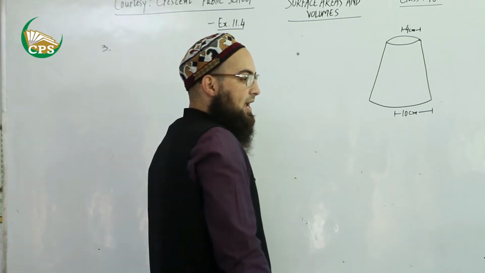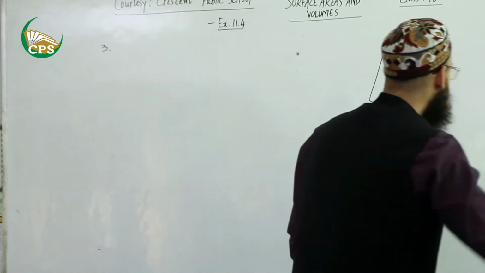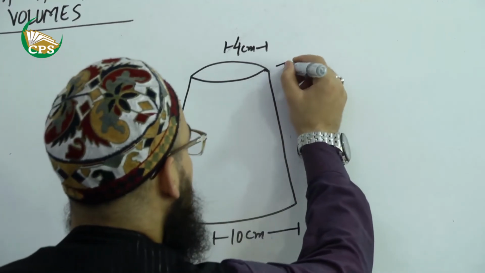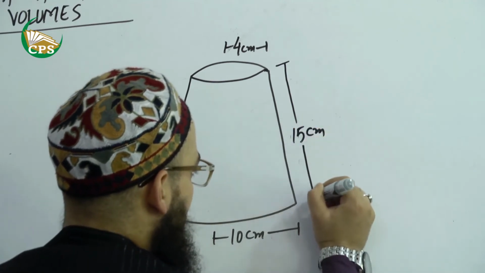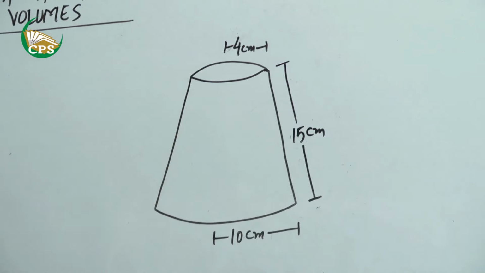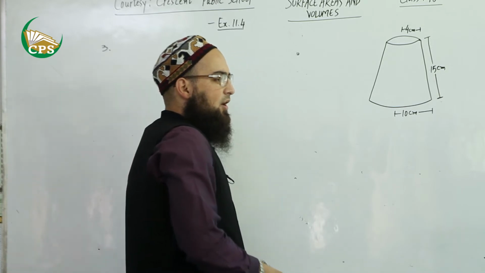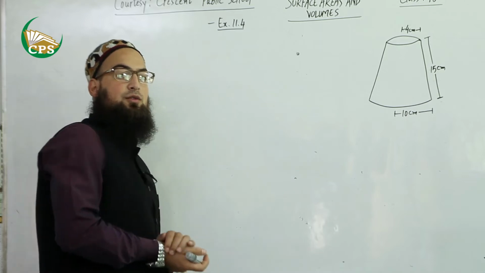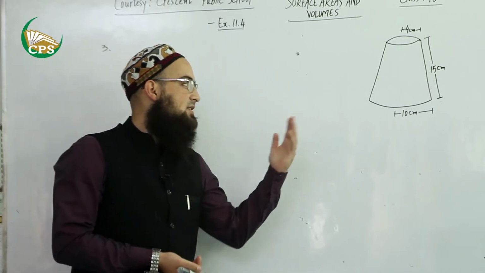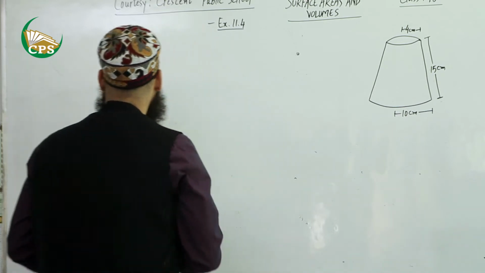And its slant height is 15 centimeter. This is the slant height, 15 centimeter. Now find the area of the material used to make this fez.